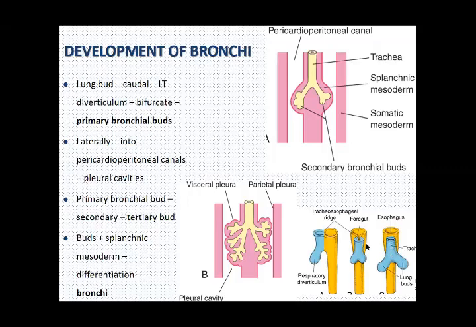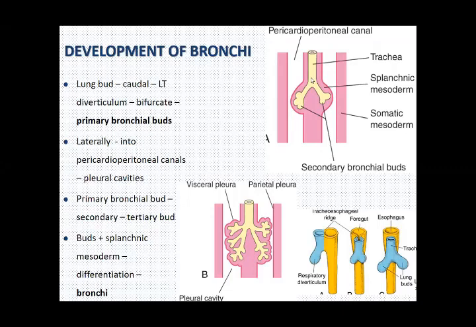So अब हम बात कर रहे थे bronchial buds की. They grow laterally, lateral to the foregut. If you remember correctly, lateral to the developing foregut, you had the pericardio-peritoneal canals, one on either side. These are the pericardio-peritoneal canals. Yes, on either side of the developing foregut.